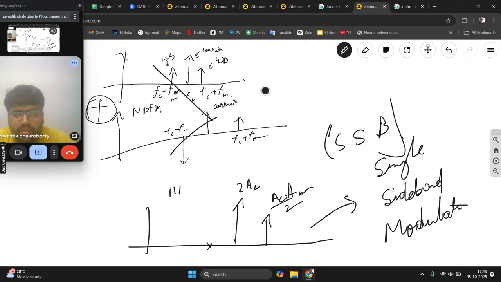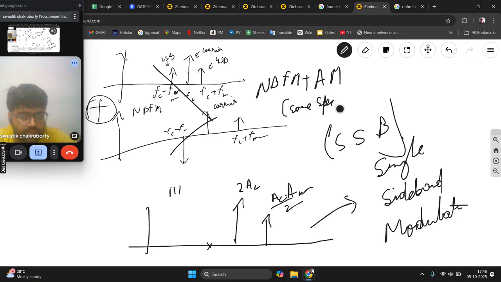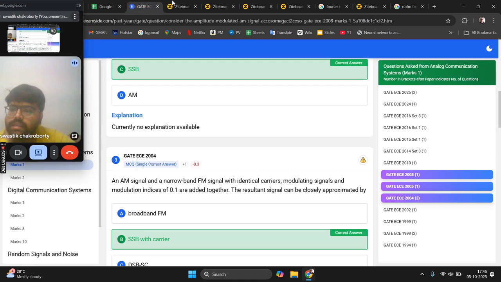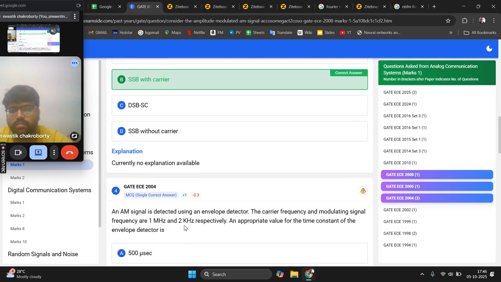So we can say NBFM plus AM, provided they have the same specifications, will give rise to SSB. So it is SSB with carrier.